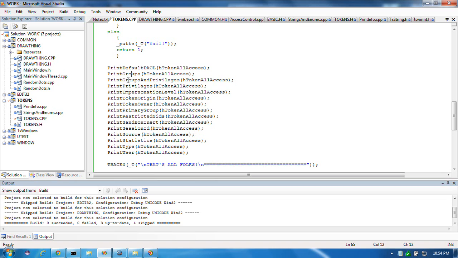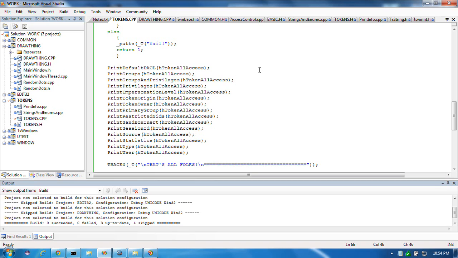Okay, now there's print groups, and then these two are essentially the same. I didn't know that as I was doing it, but the second one is the first one, but including the privileges. Each group has attributes.